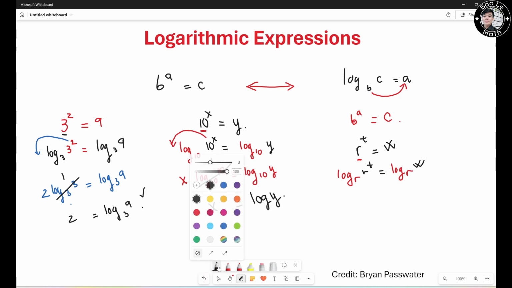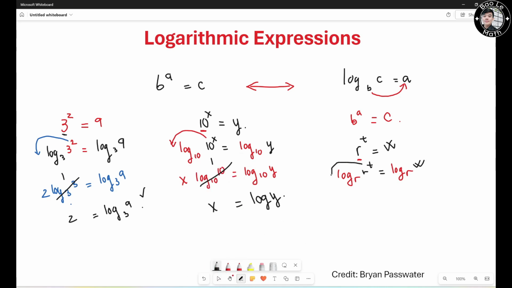Now this guy right here, t, I just bring to the front. So it's going to be t log base r of r equals log base r of w. So this guy right here, r and r, the same thing, right? This equals 1. So the left hand side should be t equals log base r of w.